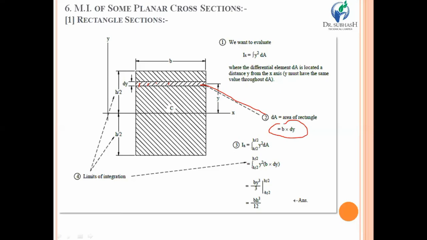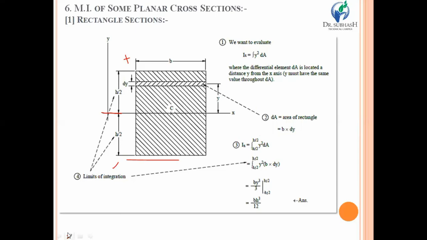Now, suppose you require to calculate the moment of inertia about the x-axis, then you simply have to make an integration. The integration limits will become minus h by 2 to plus h by 2, because the centroidal axis is located here. So the lower limit will be minus h by 2, and the higher limit will be plus h by 2.